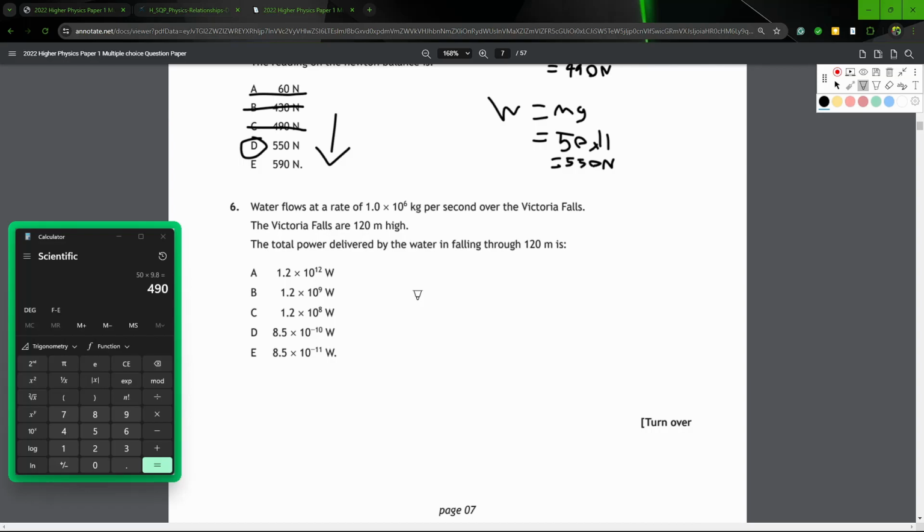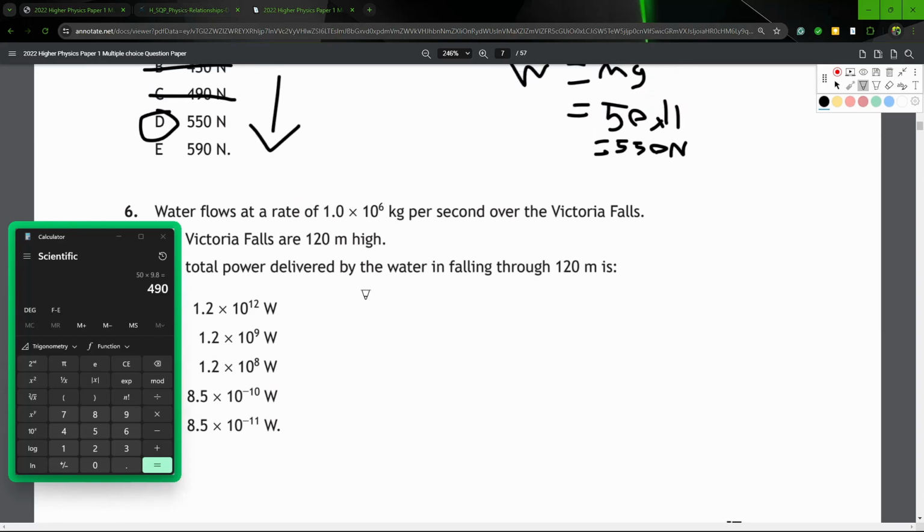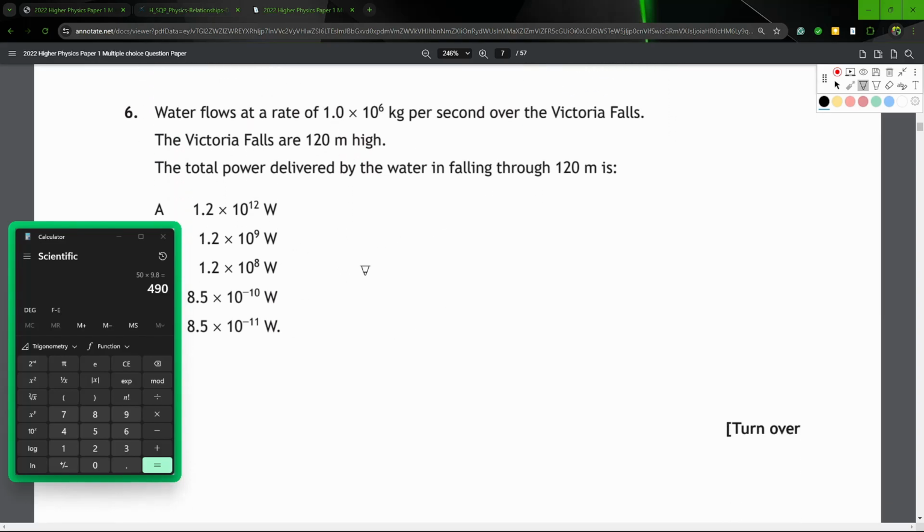Water flows at a rate of 1.0 times 10 to the 6 kilograms per second over the Victoria Falls. Victoria Falls are 120 meters high. The total power delivered by the water falling through 120 meters is what? Okay, well, what we're going to do here is calculate the gravitational potential energy, which is represented by this formula.